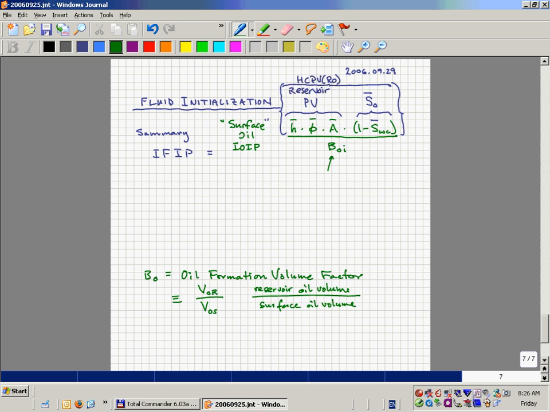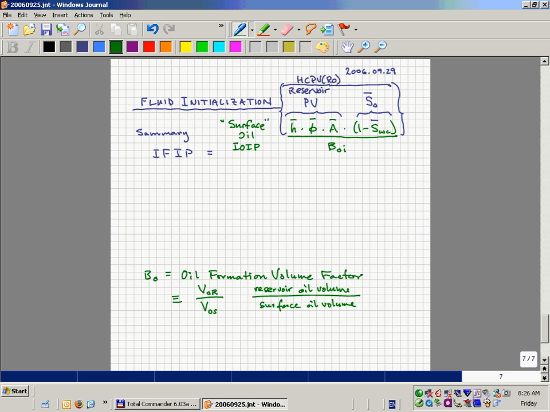Okay? So that's this oil formation volume factor, and it's a very important term, this BOI. So this is the expression for the initial oil in place. Now we've got an H. Of course, the thickness can vary over the area, and so it's actually a big integral where H is changing in space, in the area space.